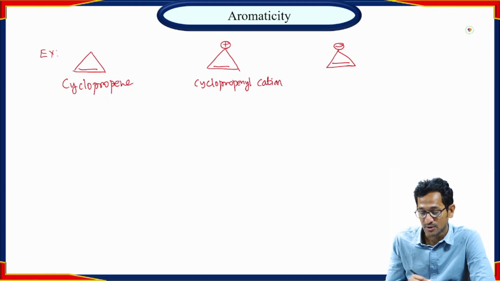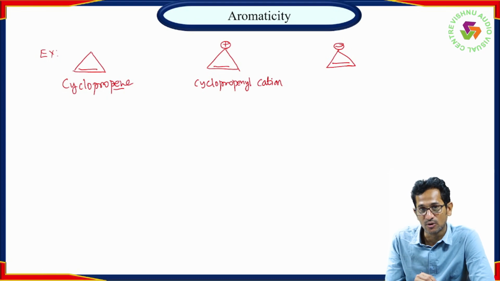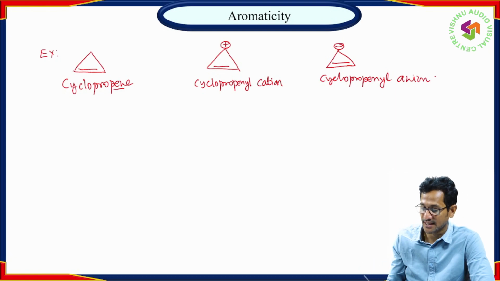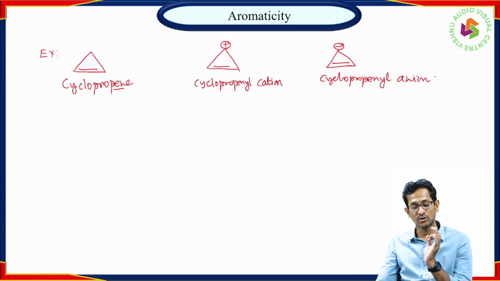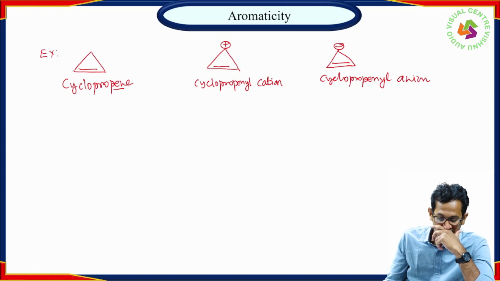Prop, and a double bond is there, that's why ene is there. Cyclopropene, same with the cation, cyclopropenyl cation. And this is the cyclopropenyl anion.